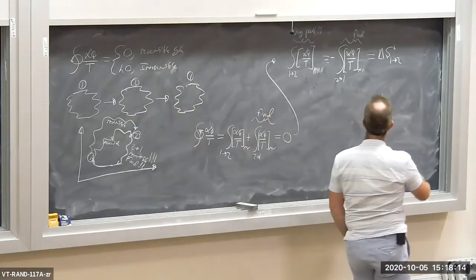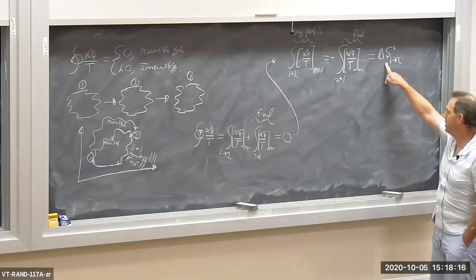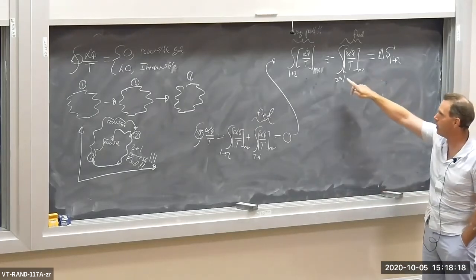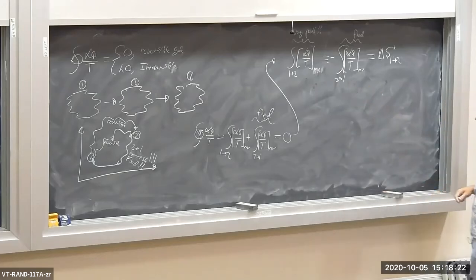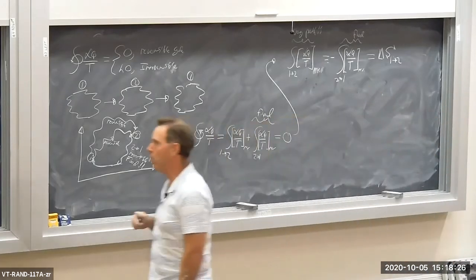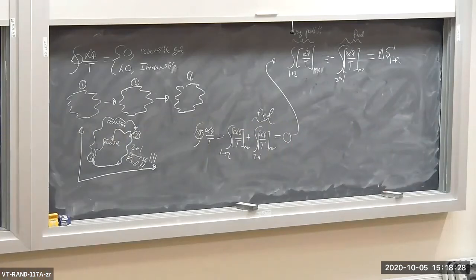For a reversible process, delta S from 1 to 2 is equal to the integral of del Q over T. So let me write this equation right below what we've just developed.